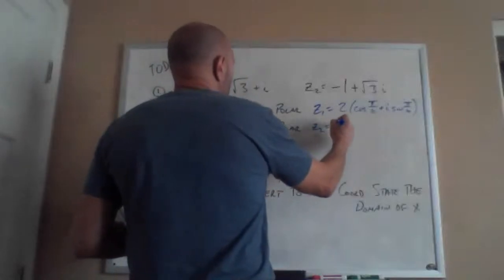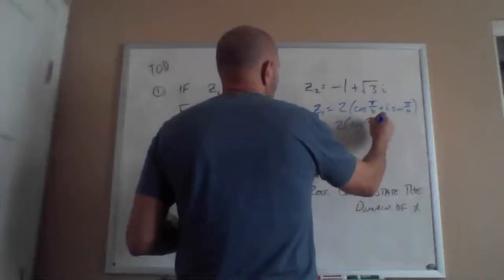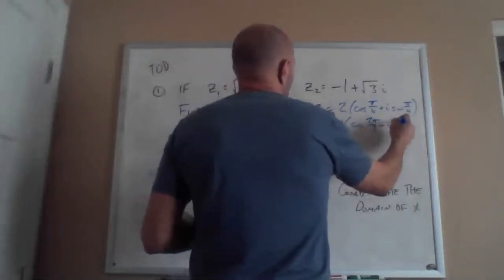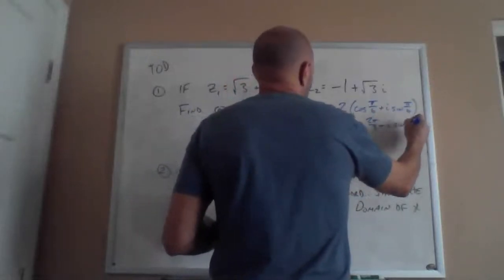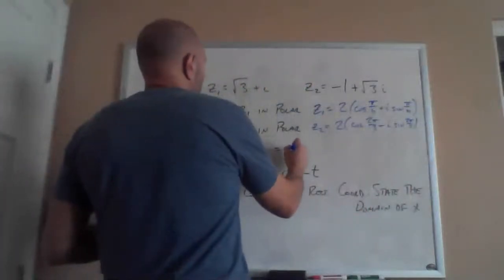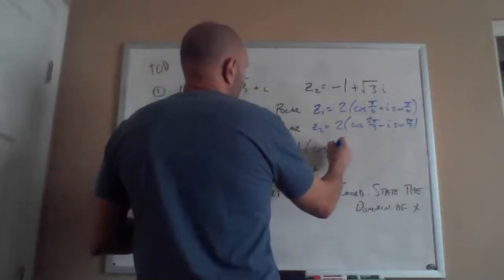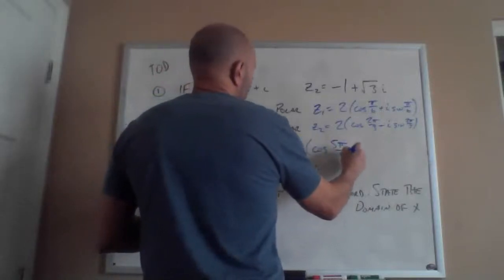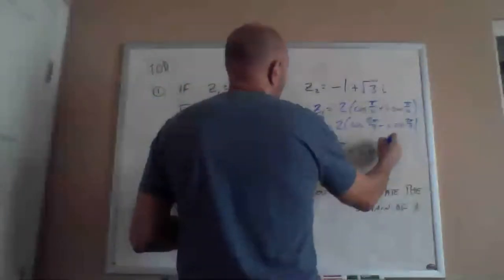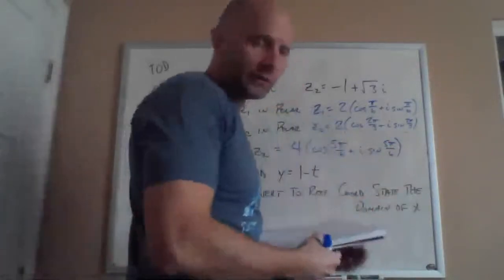The second one, z2, is 2 cosine of 2 pi over 3 plus i sine of 2 pi over 3. And then z1 times z2, you should get 4 cosine of 5 pi over 6 plus i sine of 5 pi over 6.